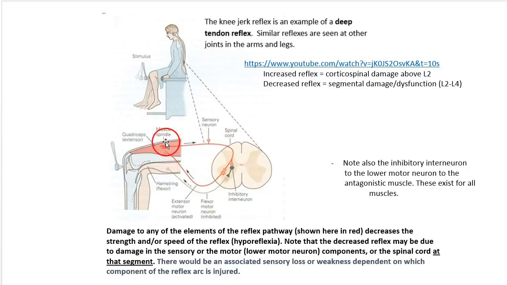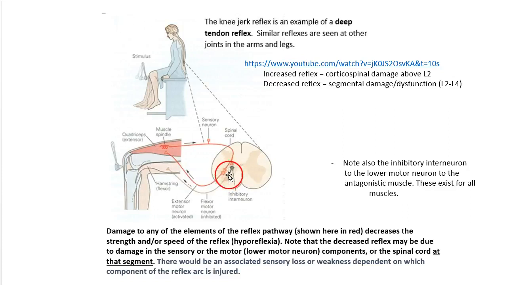Recognize something else, and that is, in addition to activating in an excitatory way the lower motor neuron to the same muscle, this receptor also activates an inhibitory interneuron. That inhibitory interneuron inhibits a motor neuron that travels to the antagonistic muscle at the joint, that is to the hamstring muscle, so that when the quadriceps is contracted, the hamstring will not be activated, it will be relaxed, because this lower motor neuron has been inhibited.